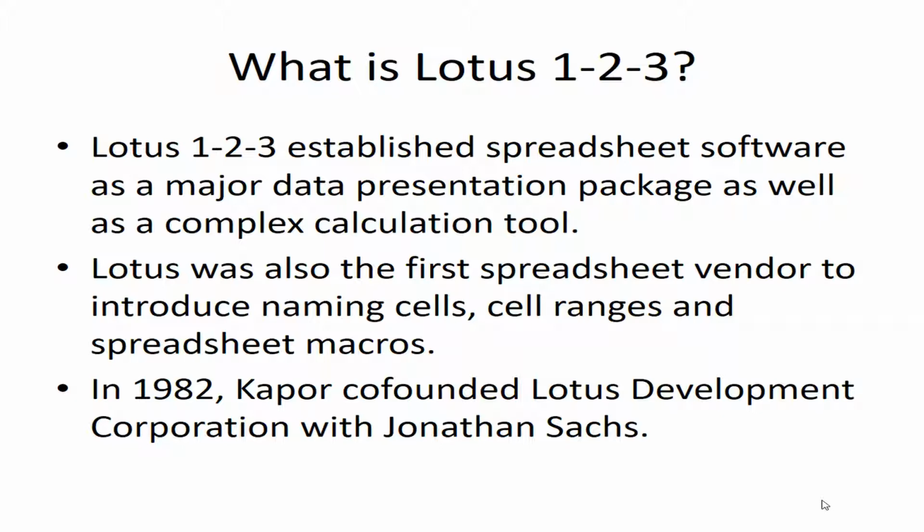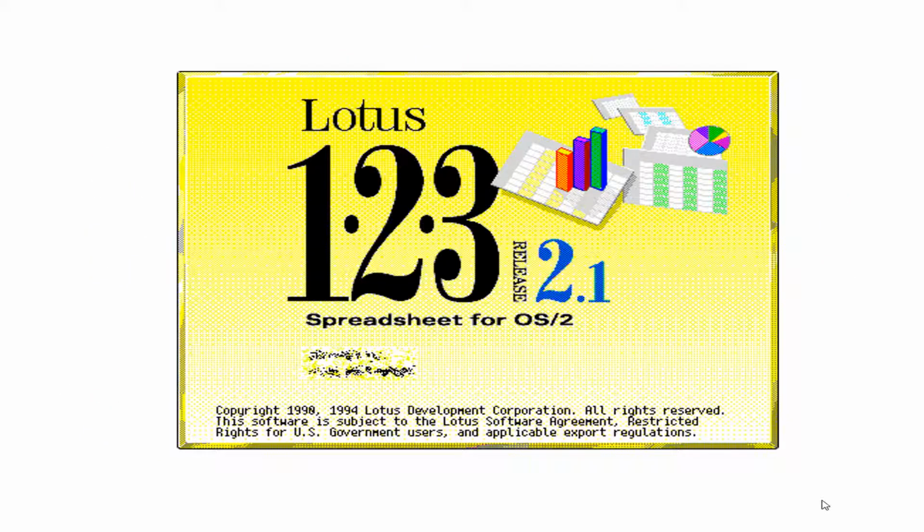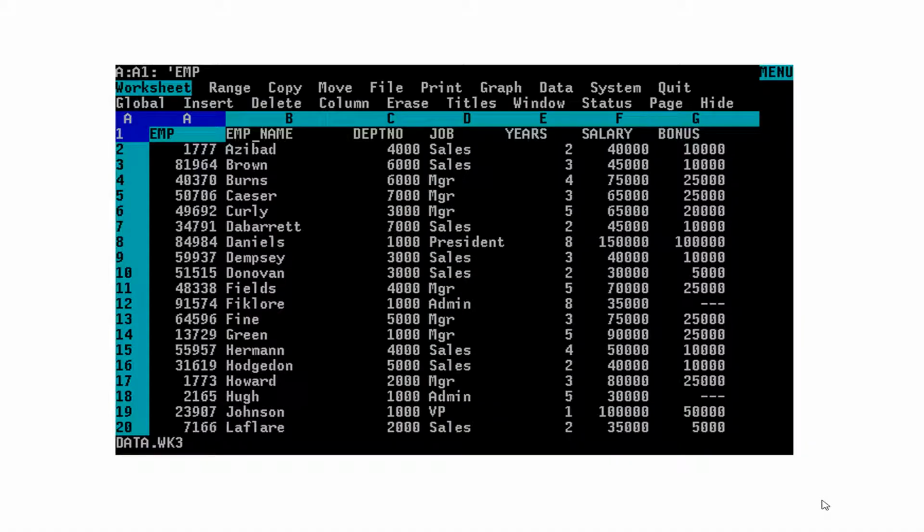In 1982, Kapor founded Lotus Development Corporation with a friend of his called Jonathan Sachs. This is how it looked a long time ago, and this is how the calculations were improved. It looked a bit more sophisticated than the VisiCalc screen we saw before.